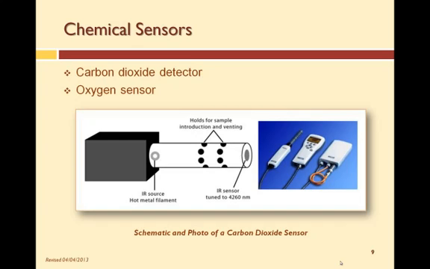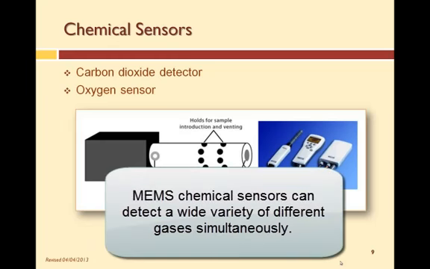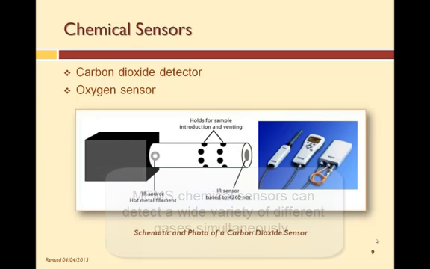Chemical sensing has really taken off with microtechnology. Just like the macro-sized components, MEMS chemical sensors can detect a wide variety of different gases, but they can detect several at a time, and because of their size, they can go places that macro sensors can't really go.